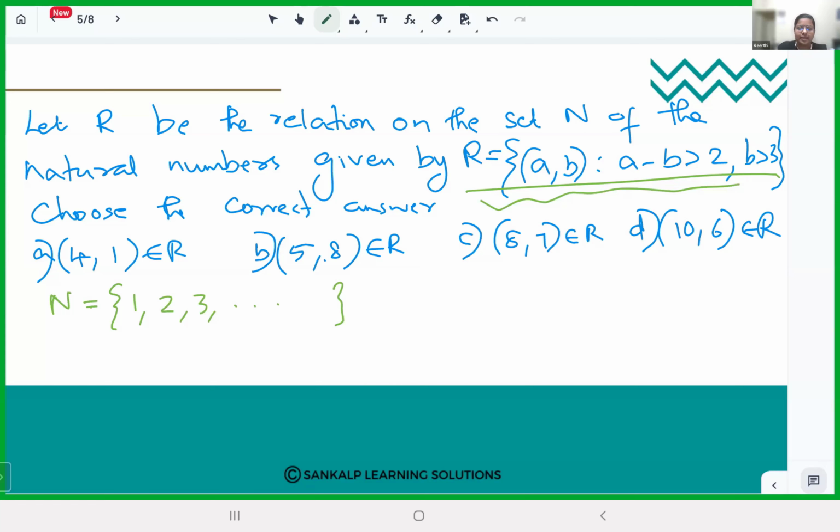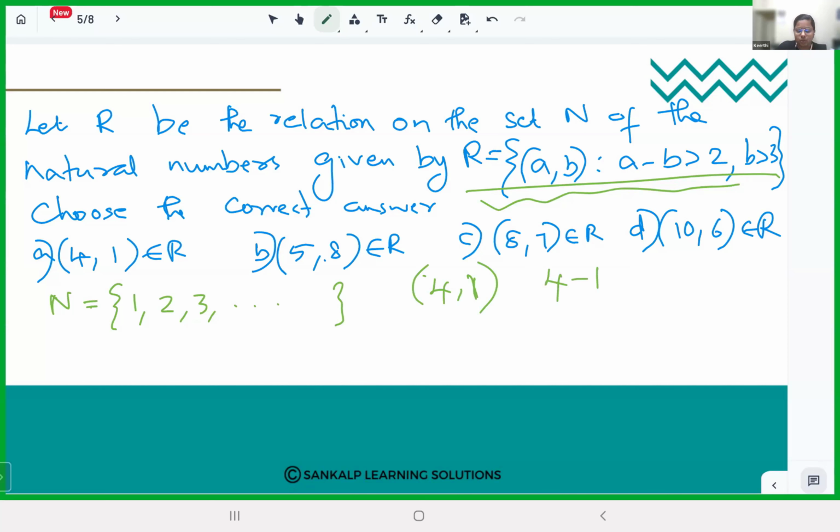How will you do that? To belong to that relation, the ordered pair should satisfy the conditions, right? So we'll check it one by one. We start with (4, 1). The first condition is a minus b greater than 2. Here a is 4 and b is 1, so 4 minus 1 is 3.